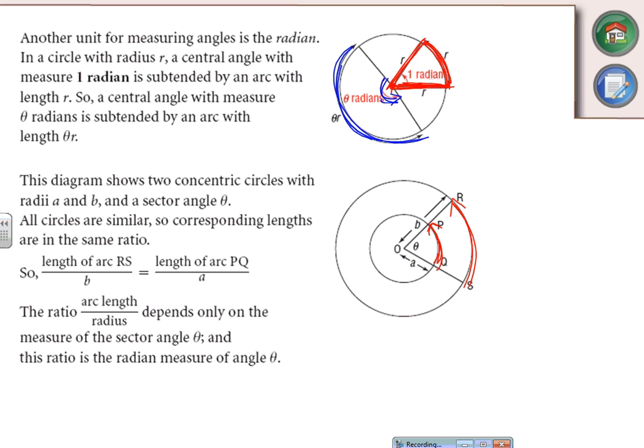Or in other words, the arc length depends only upon the angle that you're rotating and the radius of the circle. And for our purposes, the radius is almost always going to be a radius of 1 for the unit circle.